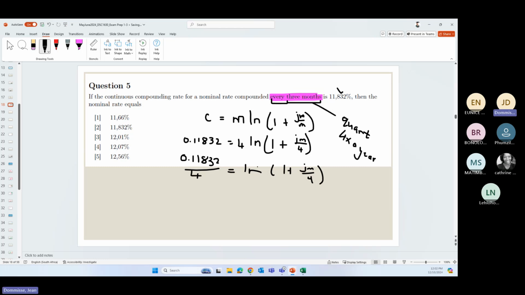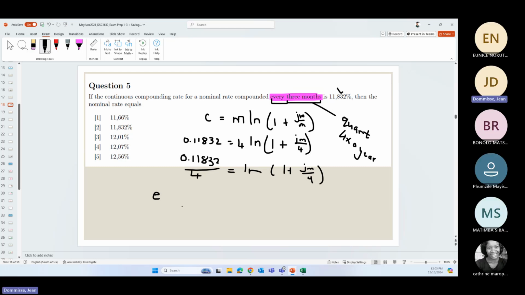So in which chapter did we look at this? So let's just work this one out quickly, then I don't need to work with fractions the whole time. So 0.11832 divided by 4. Okay, so if I simplify it, it will be 0,02958.